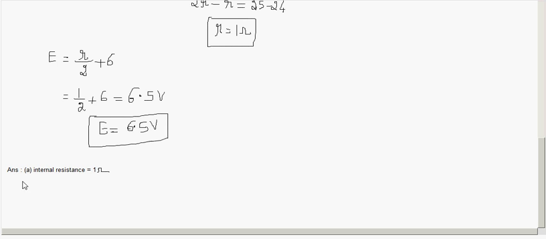And question B, the EMF of the cell is equal to 6.5 volts. The internal resistance is 1 ohm and the EMF of the cell is 6.5 volt.